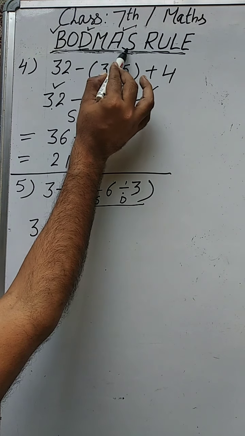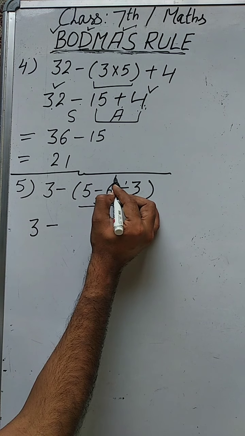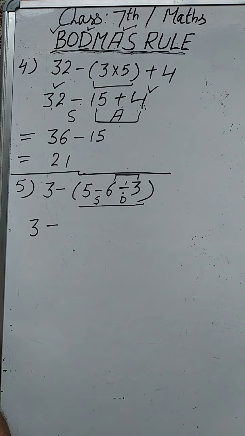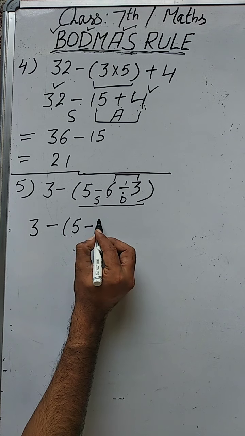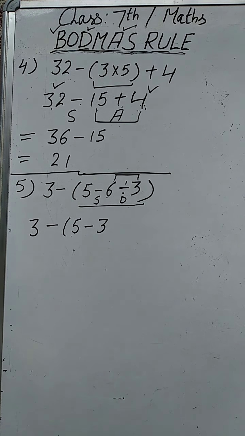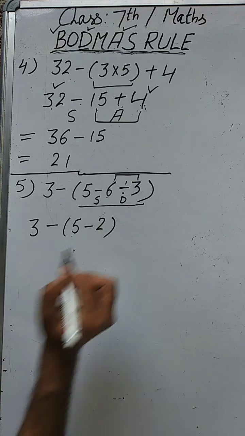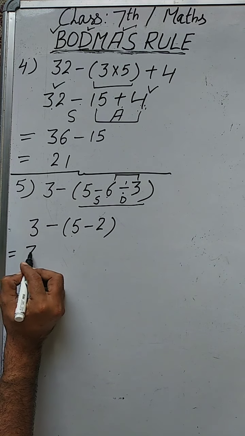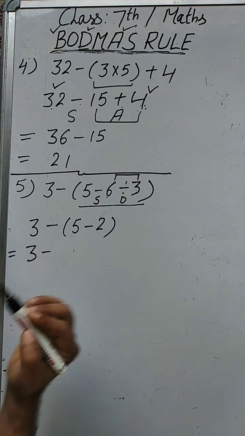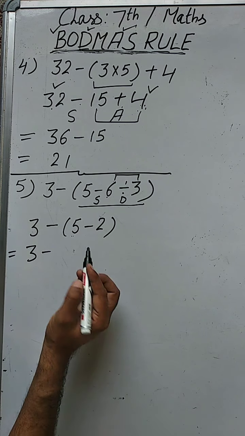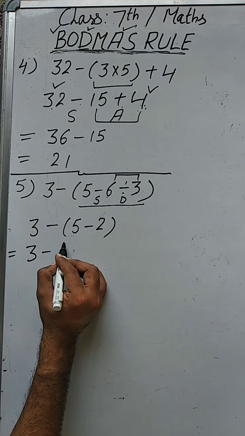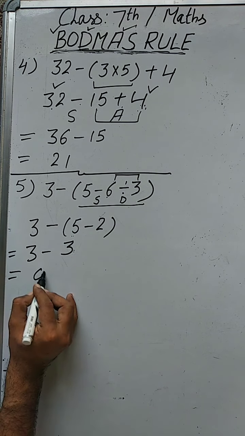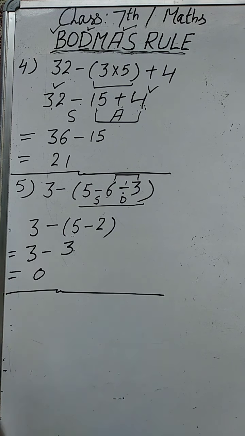D is first than S. So you have to perform the division first. 6 divided by 3 is equal to 2. Understood beta? Now 5 minus 2, the bracket is again there. So we have to solve the bracket. 5 minus 2 is equal to 3, and 3 minus 3 is equal to 0.